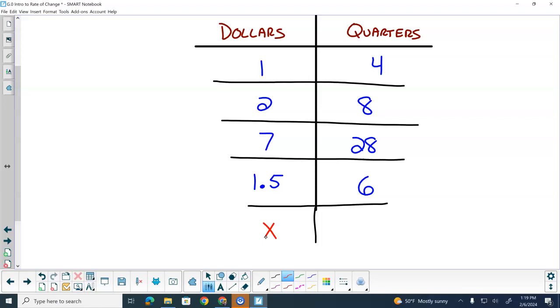Are we adding, subtracting, multiplying, or dividing? Multiply. So can we go 4x then instead? Yeah. In this particular rate of change.